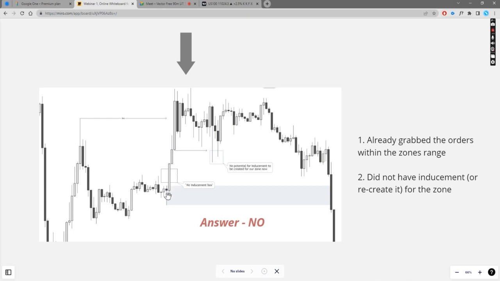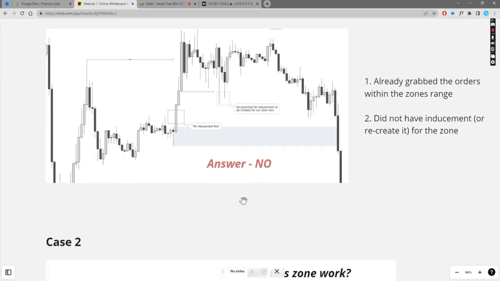So the best way to do that is, if you have this big impulsive move with imbalance, but you don't have any close price action for that zone, you just draw a box here and it'll signify a kind of no inducement box, saying that the only way we're going to get inducement is if we run it and use another zone and use that as inducement, or we can create inducement. But in this case, we already swept and we already used it, so let's do another one.